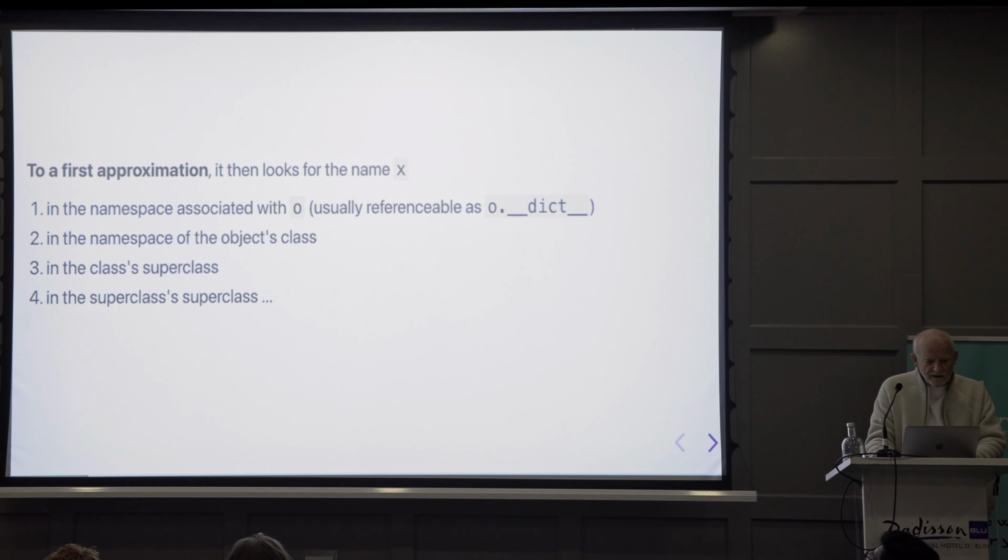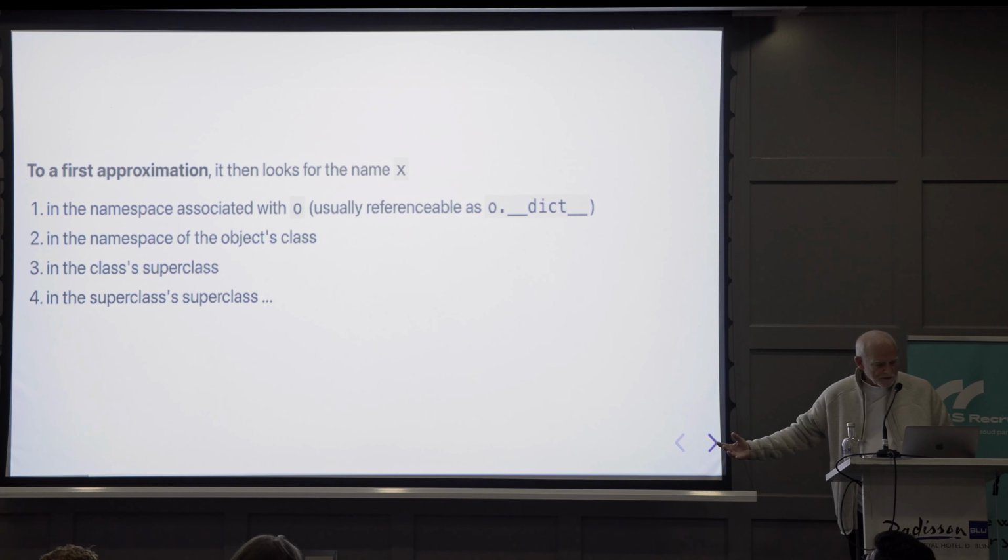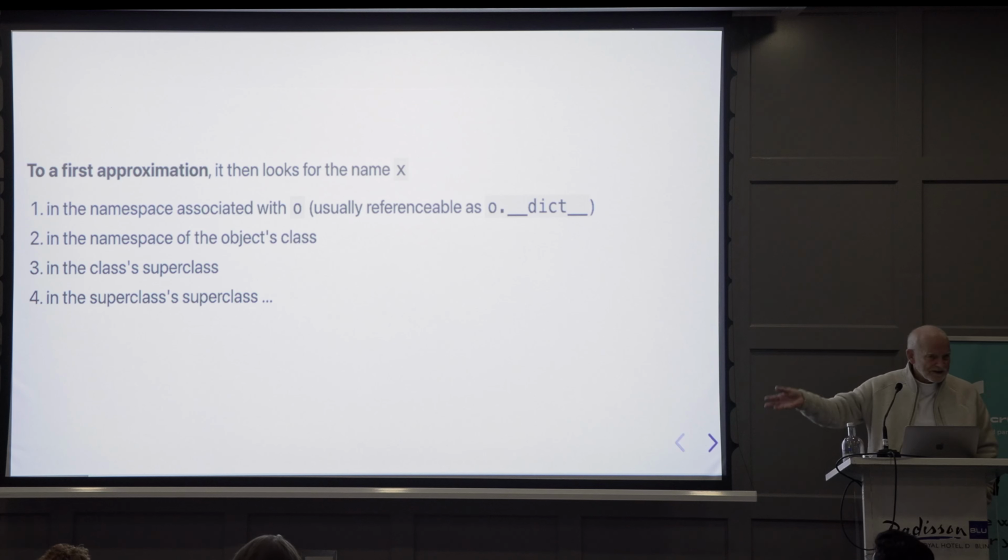Well, the answer is that qualification, to a first approximation, by the way, is rather important, but until you understand descriptors, this will do as a top-level description. So first of all, it will look in the namespace associated with the object o. If it doesn't find it in the instance namespace, it looks in the instance's class.